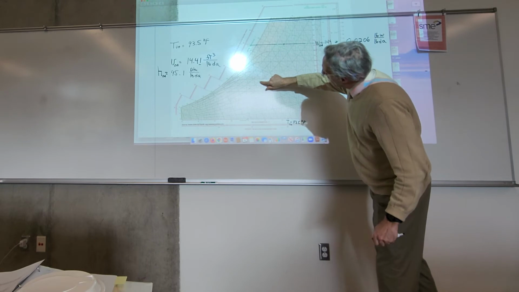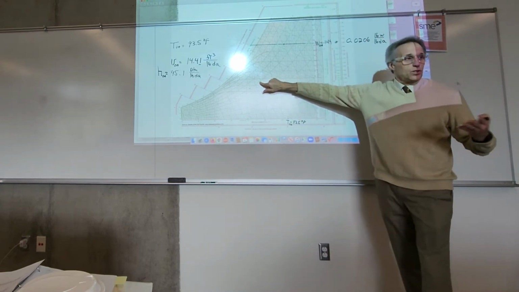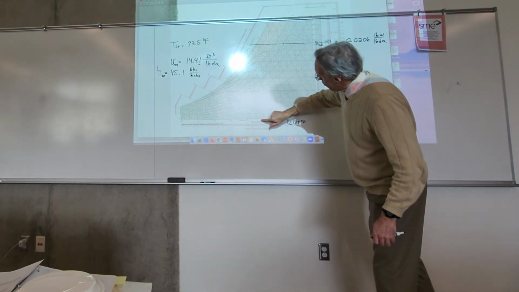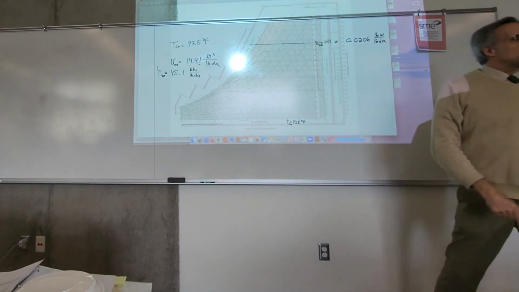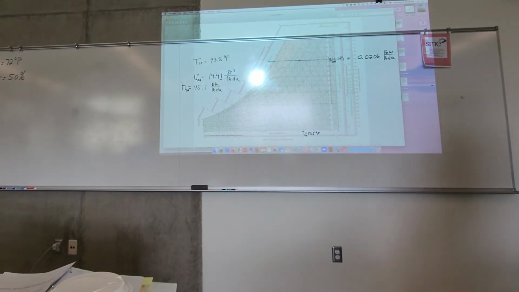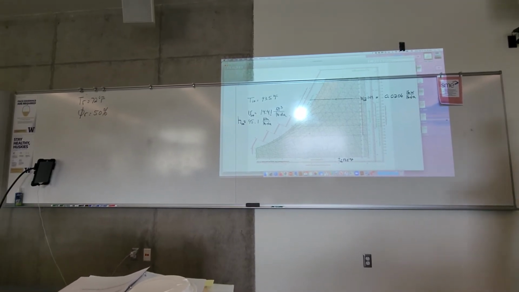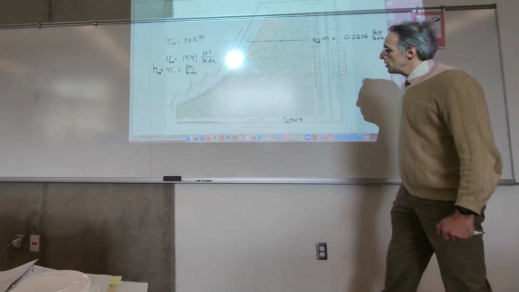Now this little mark here represents a suggested indoor design condition, which is even warmer than 75. It's 78 and 50%. You might see that in Japan, where they keep room conditions quite a bit warmer than we do here.